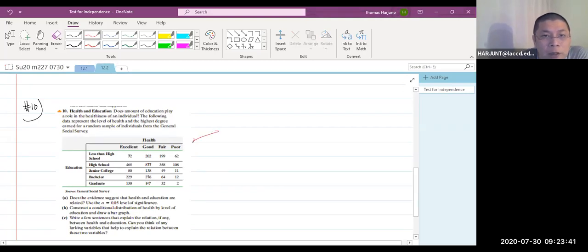The degree of freedom will be the number of rows minus 1 times the number of columns minus 1. In this case, we have 5 rows and 4 columns. So the degree of freedom will be 4 times 3, degree of freedom is 12.